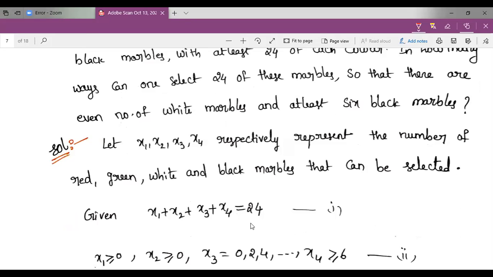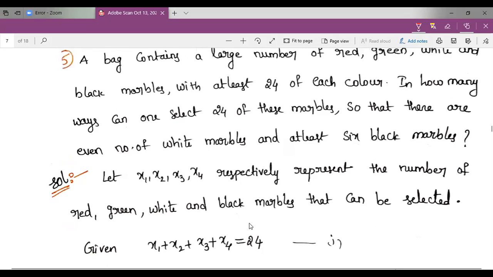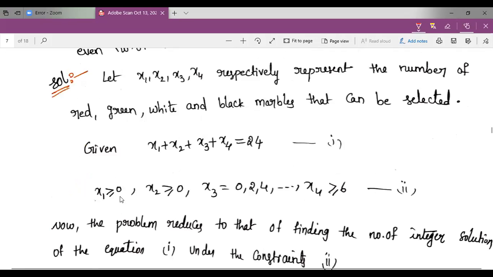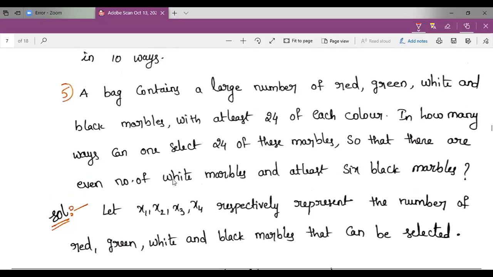The given conditions: in how many ways can one select 24 of these marbles so that there is an even number of white marbles and at least 6 black marbles. These are the given constraints. So x1 greater than or equal to 0 and x2 greater than or equal to 0, and x3 is even, where x3 means white marble.